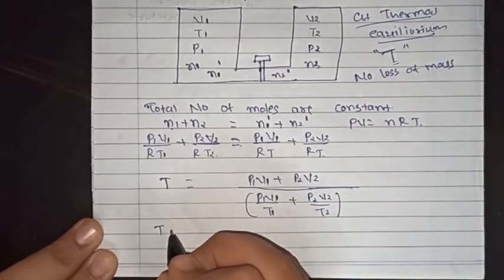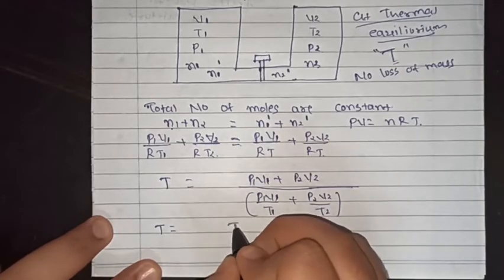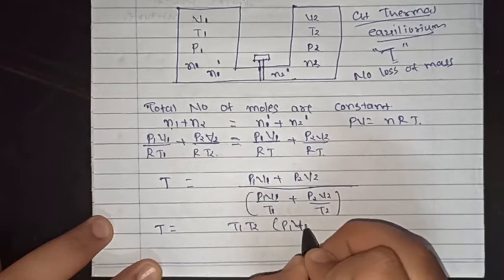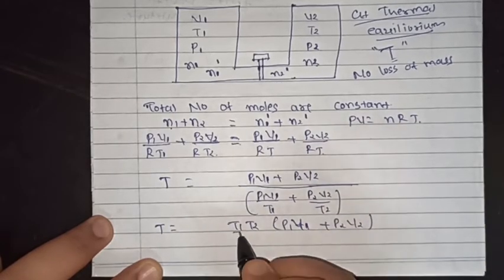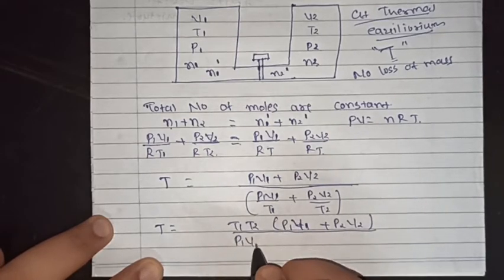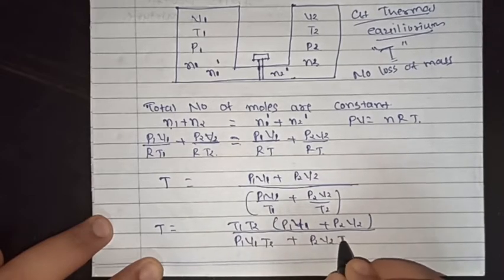So simplifying this, we will get T is equals to T1 T2 into P1 V1 plus P2 V2 divided by, we have taken the LCM, so P1 V1 T2 plus P2 V2 T1.